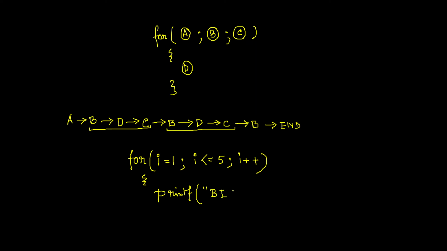Ideally, a for loop should be written this way, but you are not restricted to put this one, this one, this one over here. You can write anything, even a printf statement.